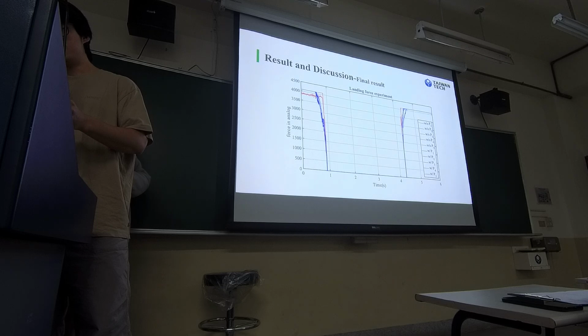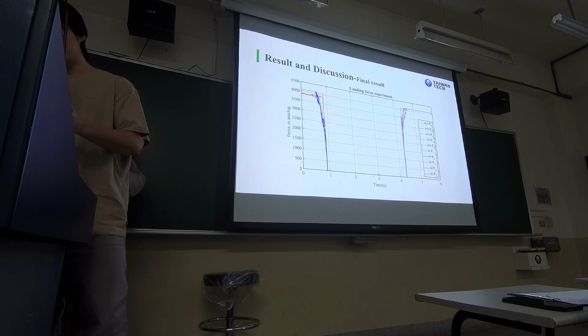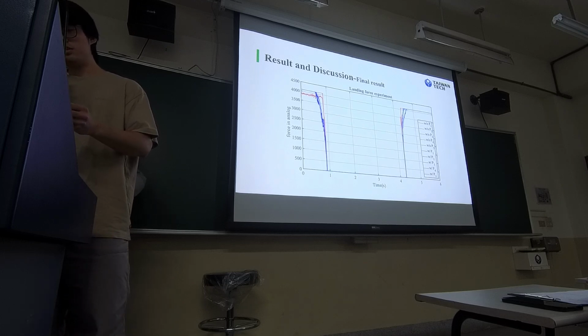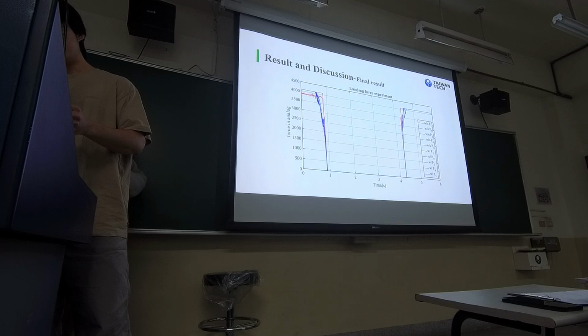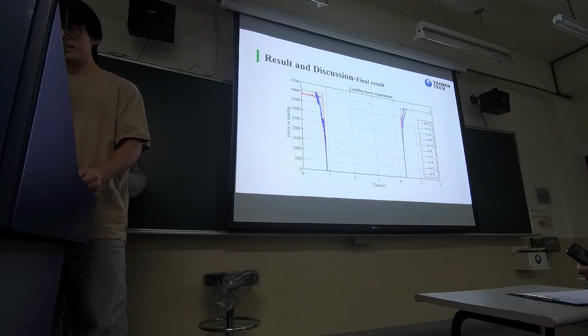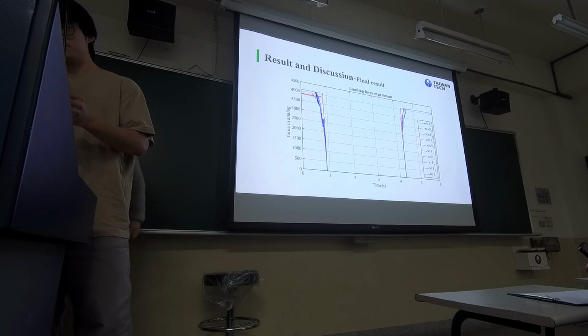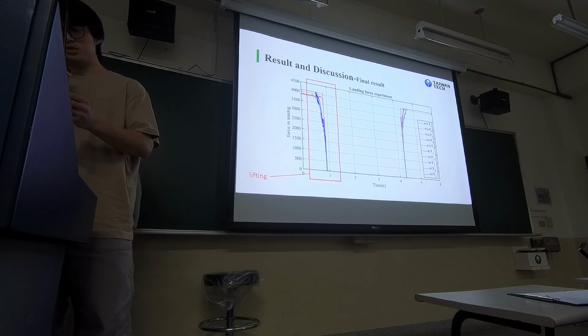Okay, these are the results of our experiment. We conducted 5 trials each for the cases with and without trajectory planning. The data clearly shows that at the moment of lifting and landing, the force feedback growth without trajectory planning is very uneven.